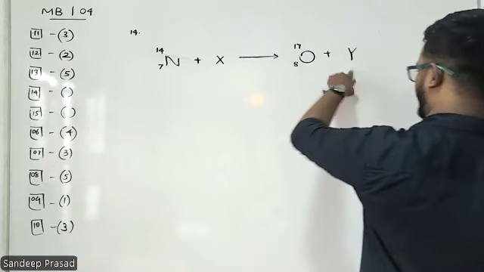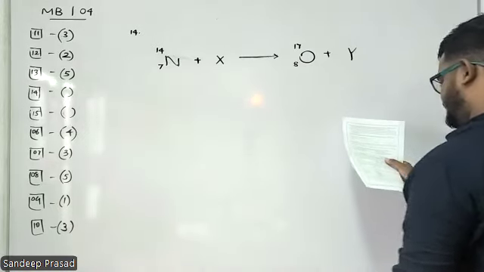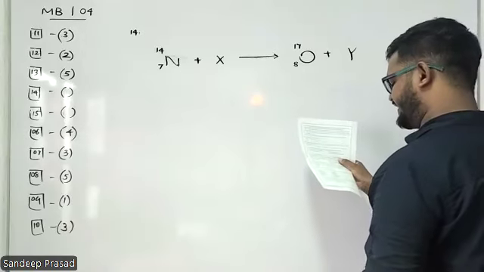Then what could be X and Y? Let's see. For the X and Y, they have given electron and hydrogen.